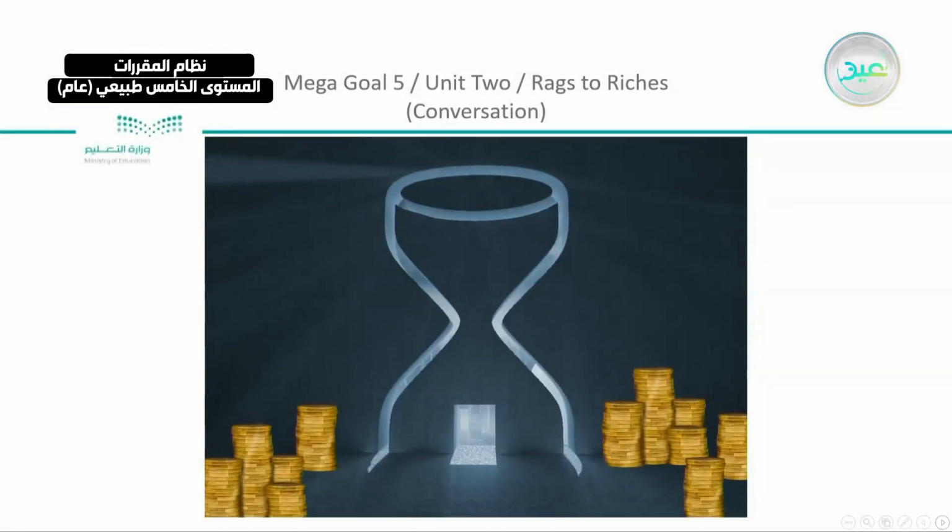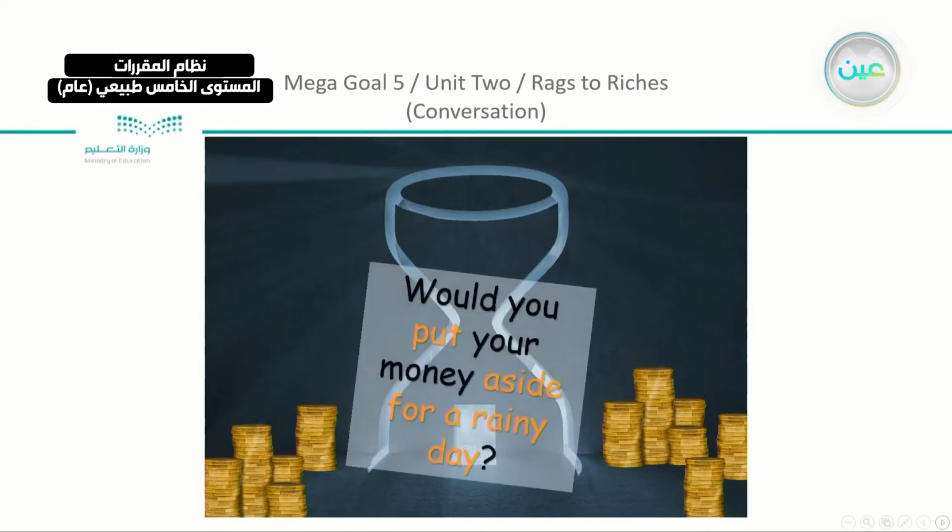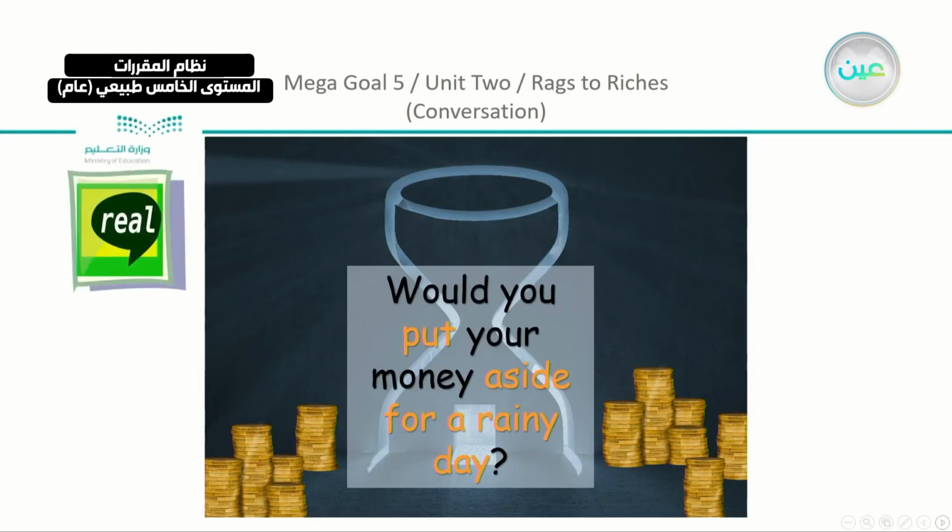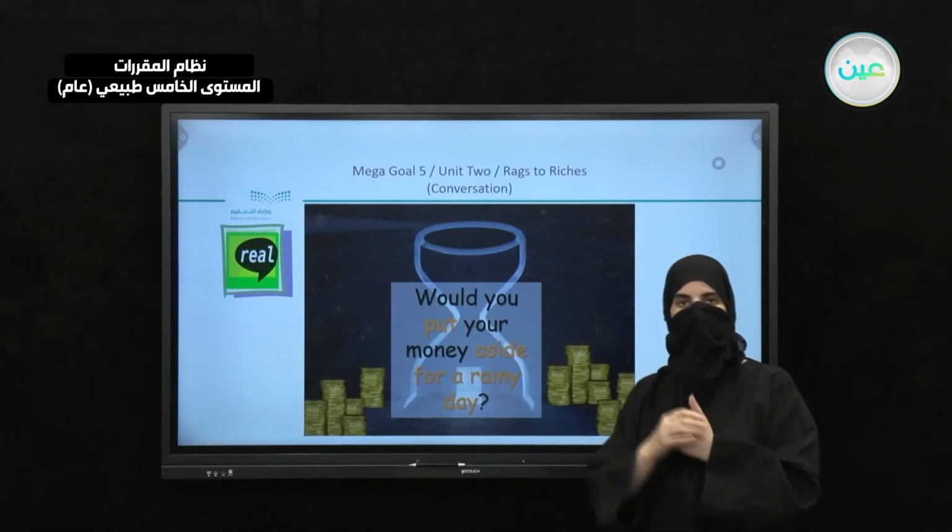And the last expression that we have from the real talk is, of course, we have the time glass here. And we can say, would you put your money aside for a rainy day? This is what I said that we'll go back to.